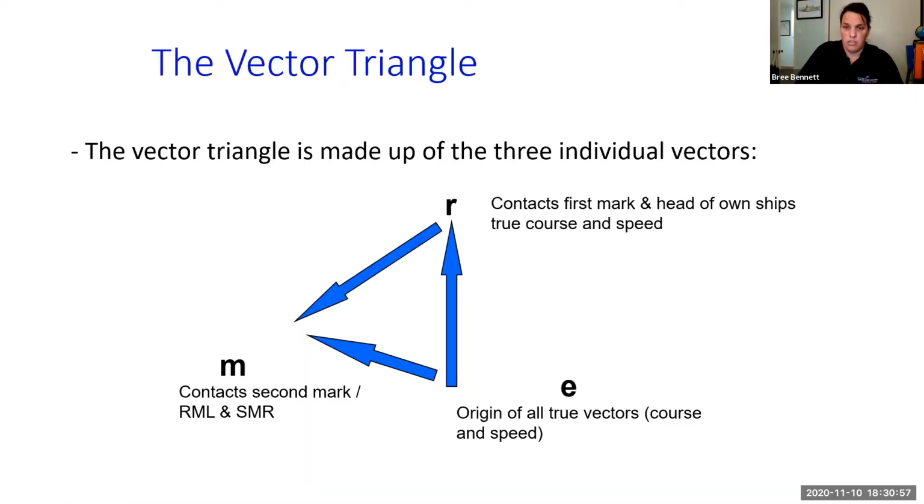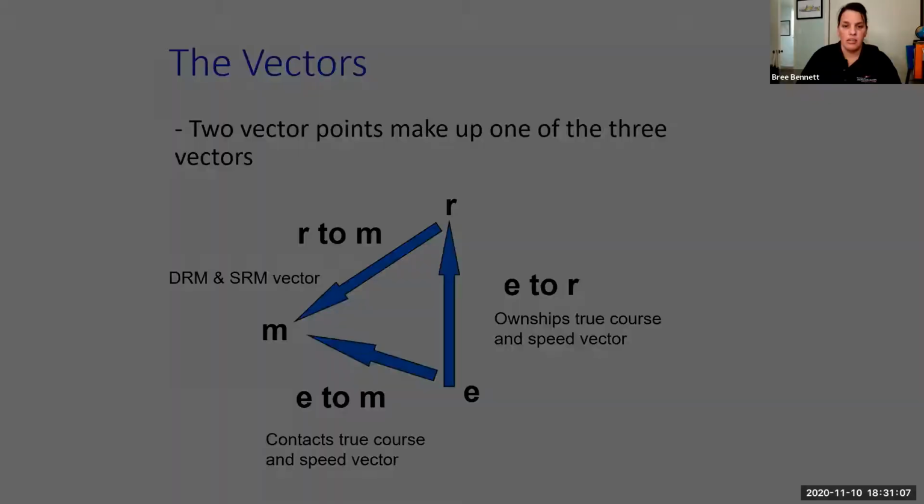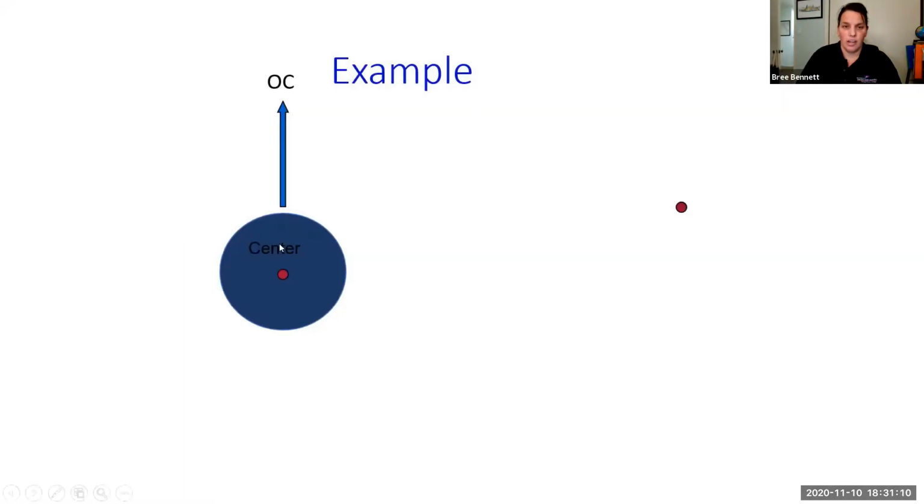So still have trouble understanding how E gets to that spot. Okay, so here's the example. We're at the center. My own course and speed, own ship course and speed is due north.